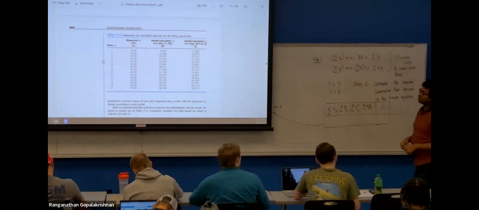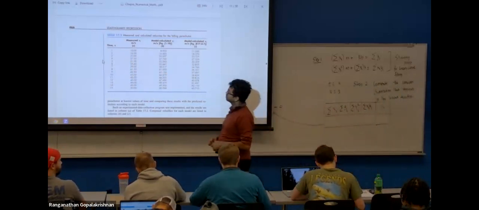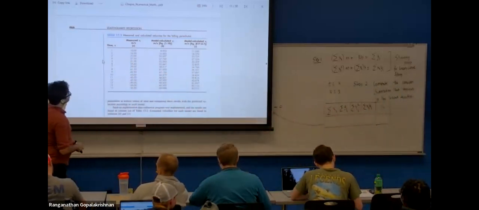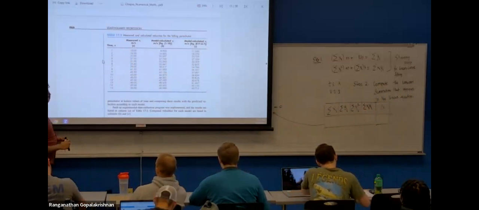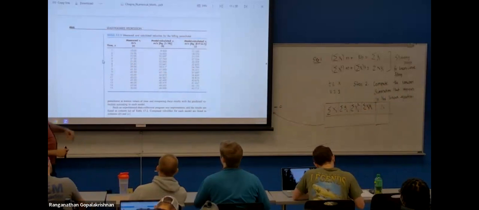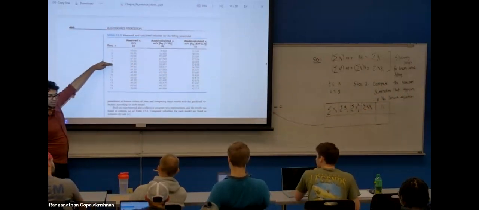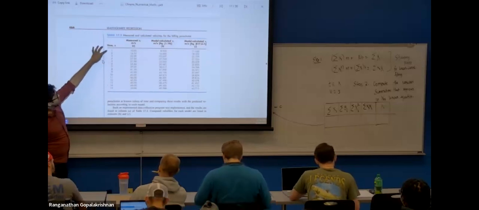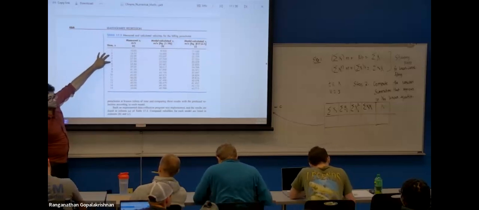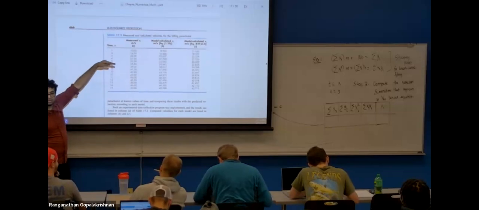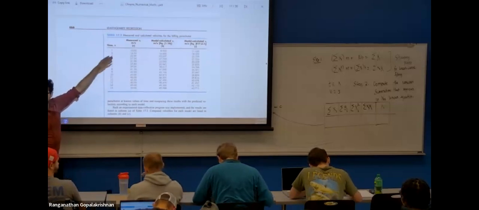Of course, it will be convenient if you did this in Excel. You guys want to just do it for the first 5 rows manually and then do it on Excel? First 5 rows, time 1, 2, 3, 4, 5 seconds alone on paper, and then we'll do Excel for the entire table.